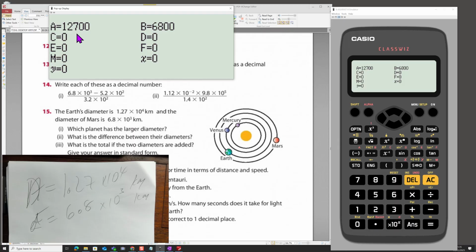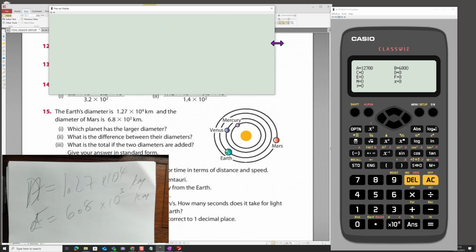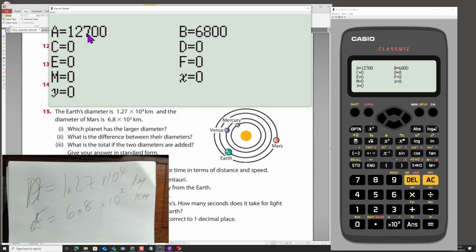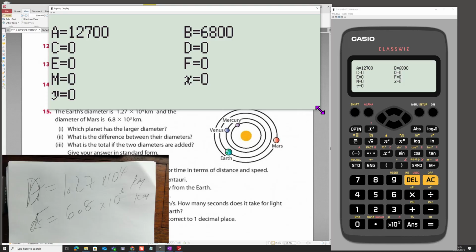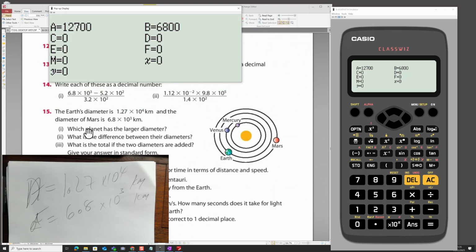How come that's only 127? Is that about right? Yeah. So that in kilometers they can be easily written as integers as well. Okay, that's fine. Look at that. It doesn't really scale it up because the pixelation starts to kick in. Anyway, so what we're going to do is we're going to subtract them first. So how do we do that?